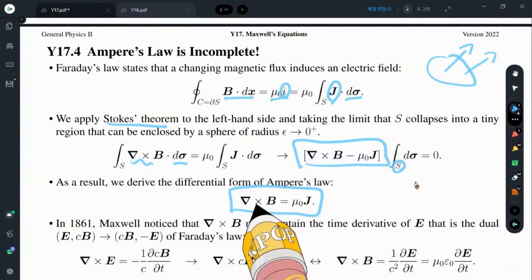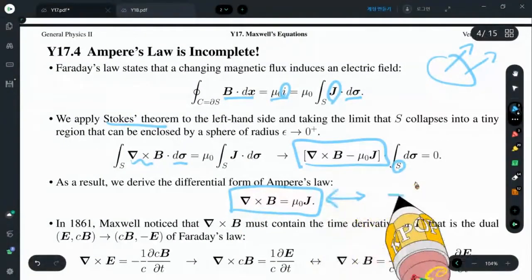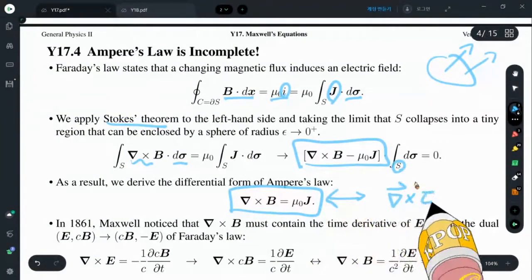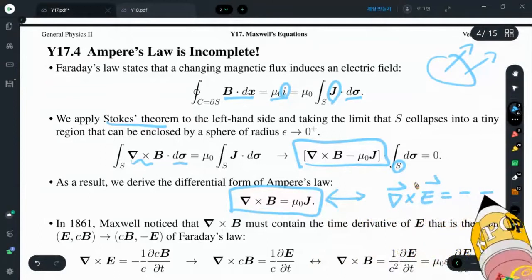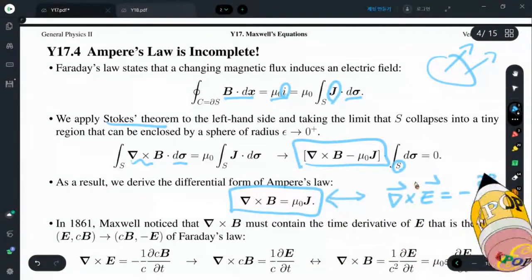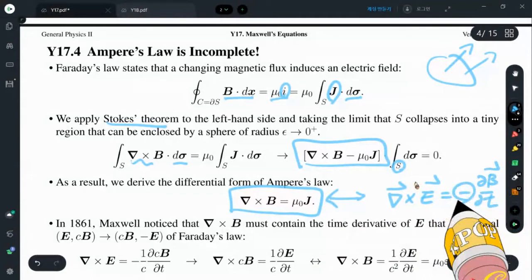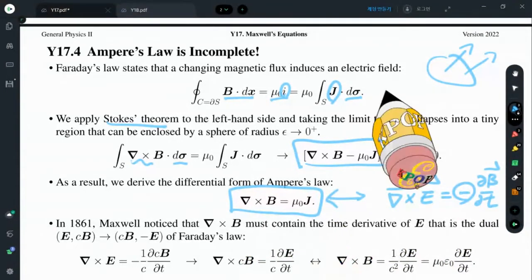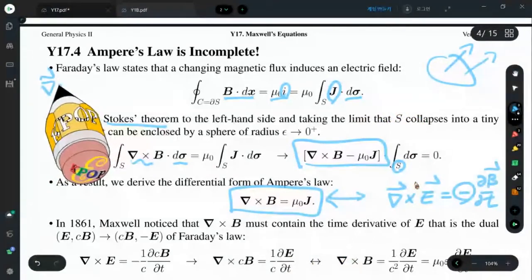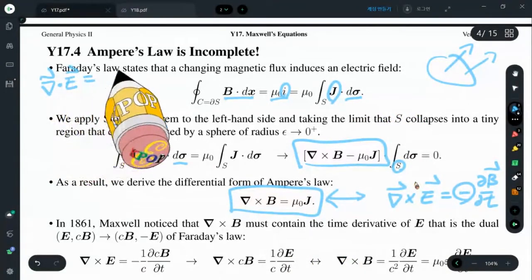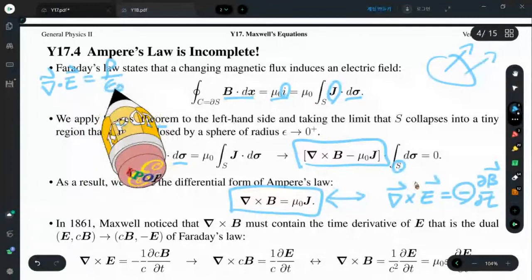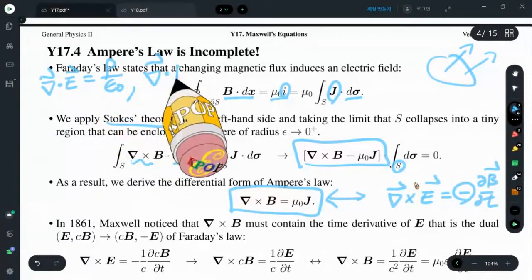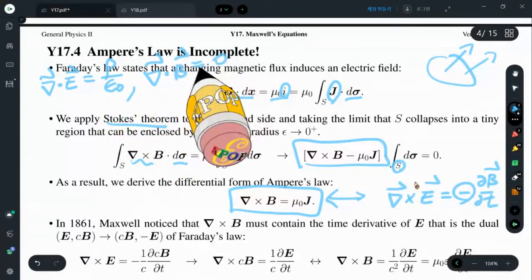So why don't we compare this one with the counterpart, that is the curl of the electric field expressed in terms of the time derivative of the magnetic field with a negative sign. Maxwell found there is something missing. For example, in the divergence case, the electric field divergence was rho over epsilon 0, and the magnetic field divergence was 0.